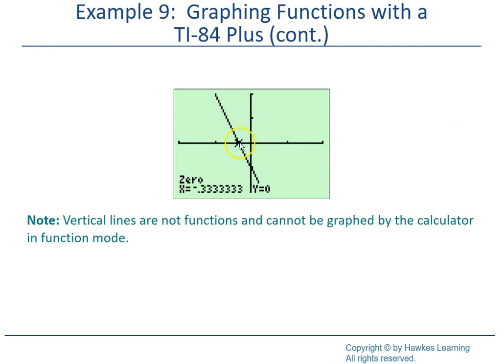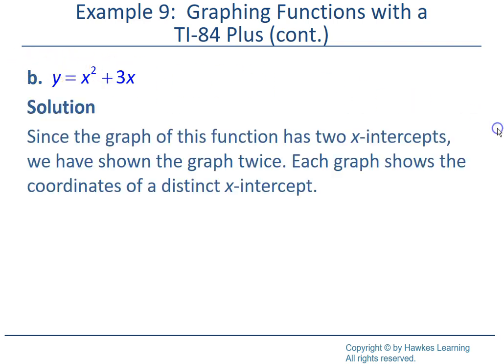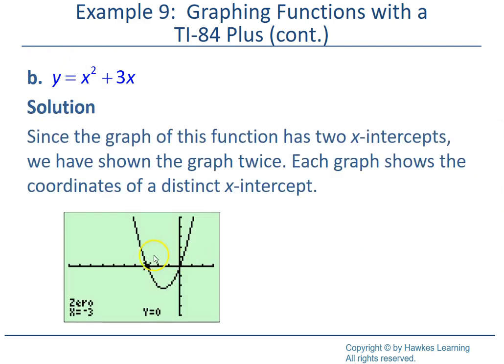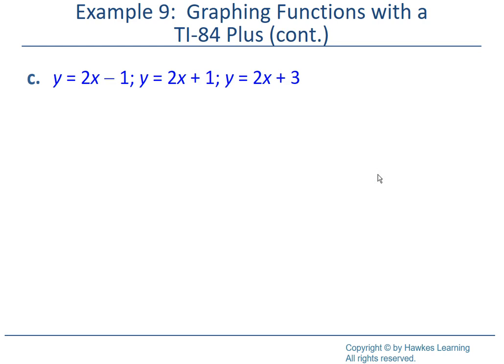And you can see where it crosses the y-axis here, down here, and then the x-axis. Now here, this is going to be a parabola, and it makes a nice parabola, crossing the x-axis there and there. And we're not going into the significance of that at this time.